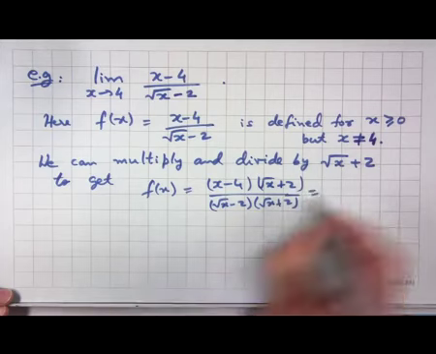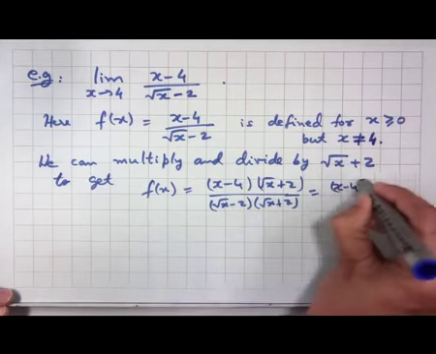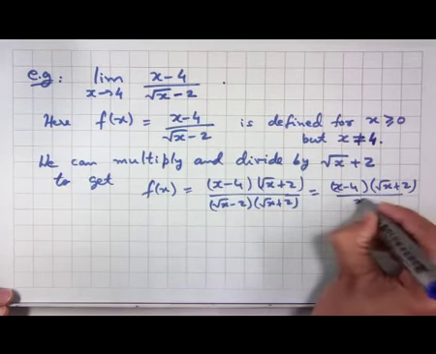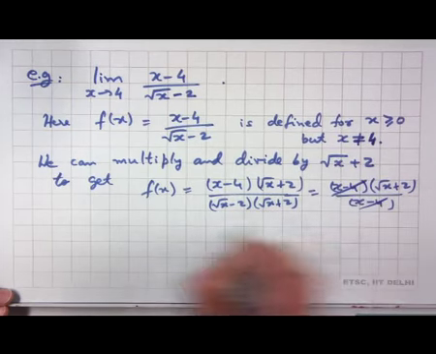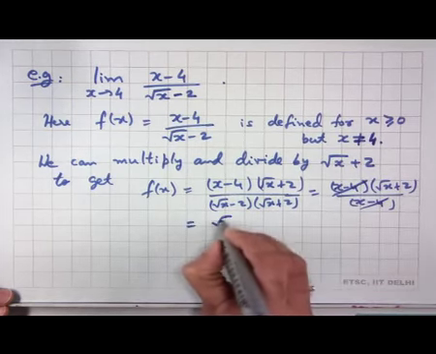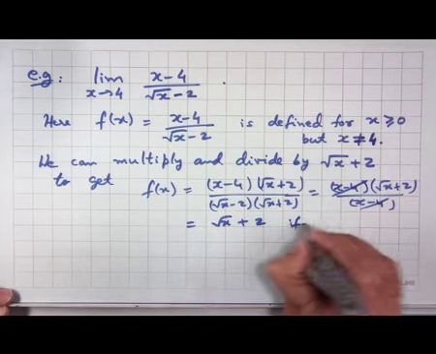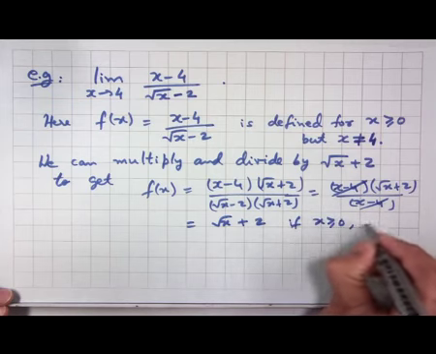And now, if you multiply in the denominator, we get x minus 4 and this cancels with this. So, f x is equal to square root x plus 2 if x is greater than or equal to 0 and x not equal to 4.